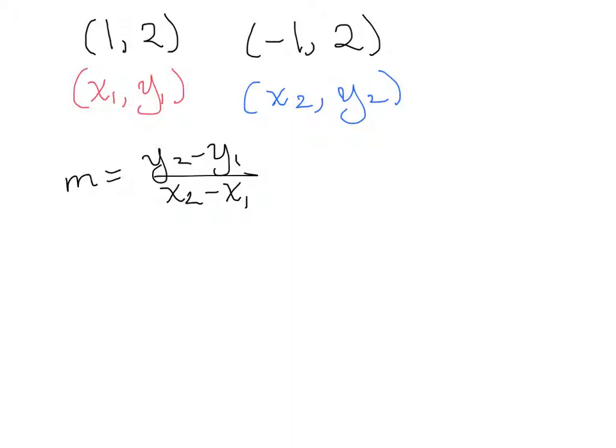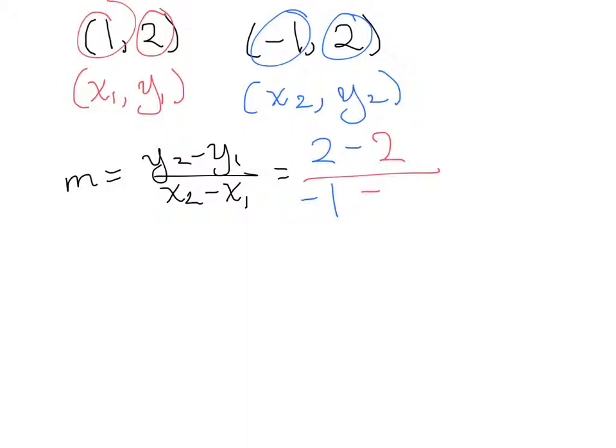So y2 is 2, and y1 is also 2, over x2, which is -1, minus x1, which is 1.